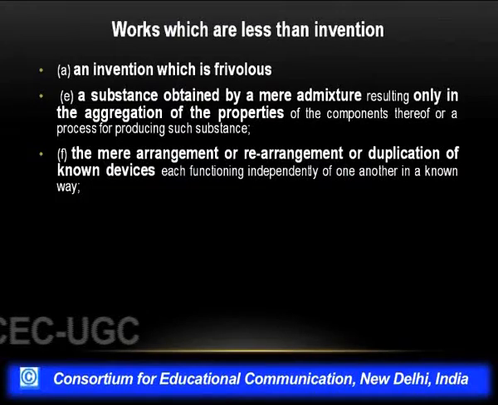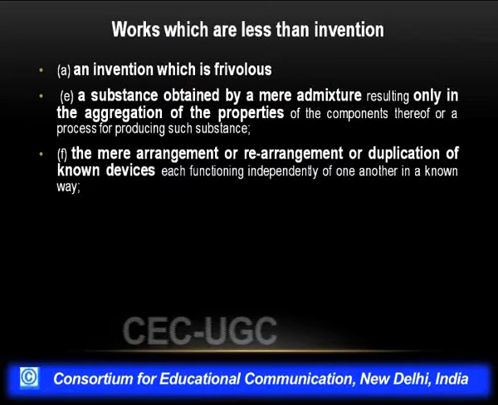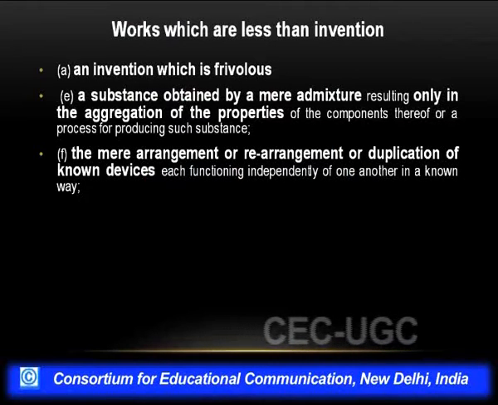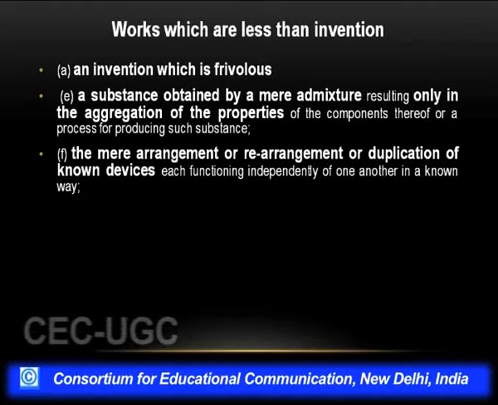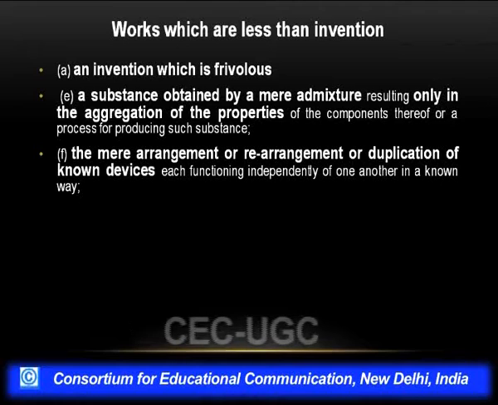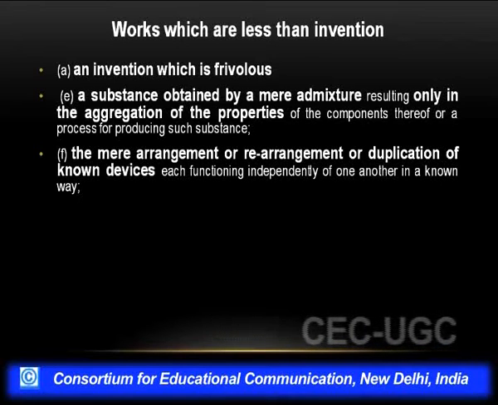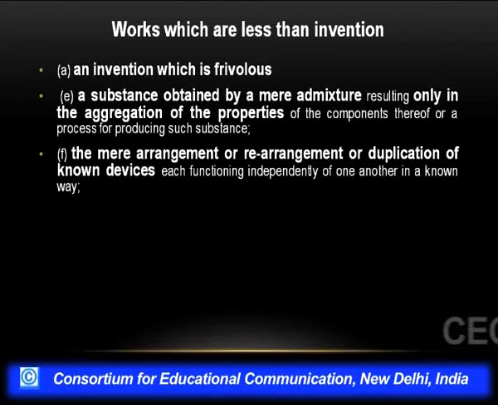The third thing that can be squarely brought under this category, or the third work, is in the form of section 3F, which says mere arrangement or rearrangement or duplication of known devices, each functioning independently of one another in a known way.